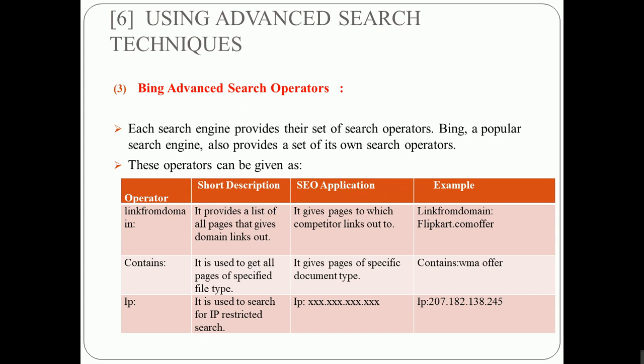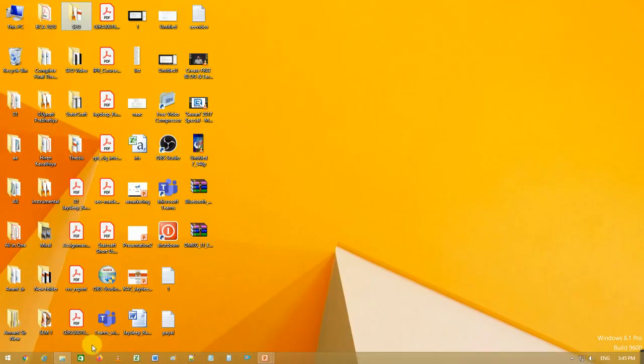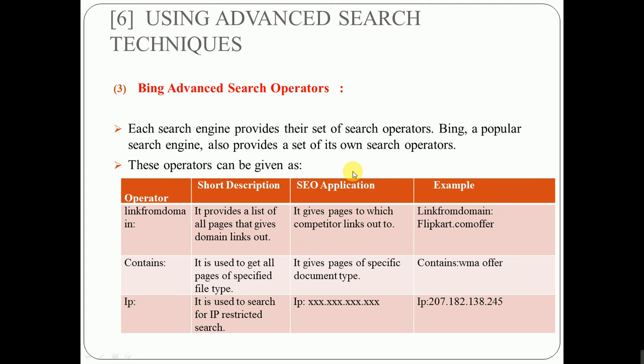If you want to see the details of what a competitor links out to, you can use link from domain, website name dot domain name. Here we will see an example of how the link from domain works.